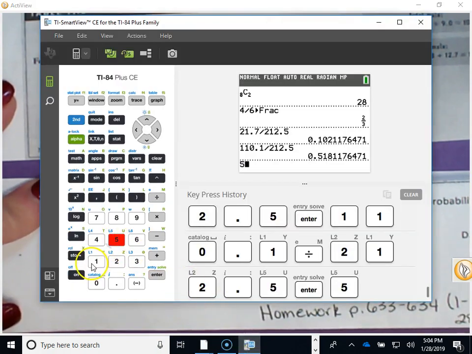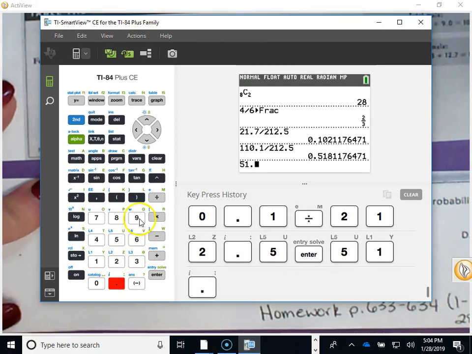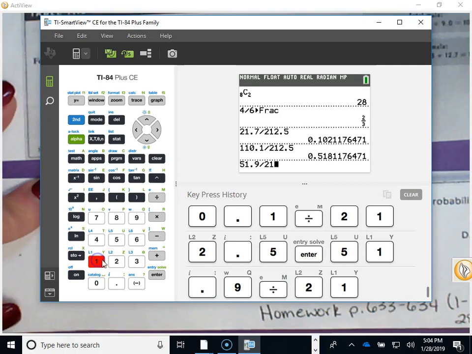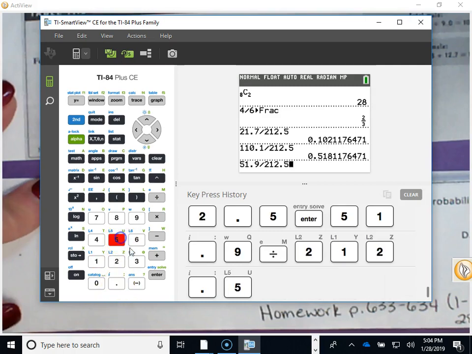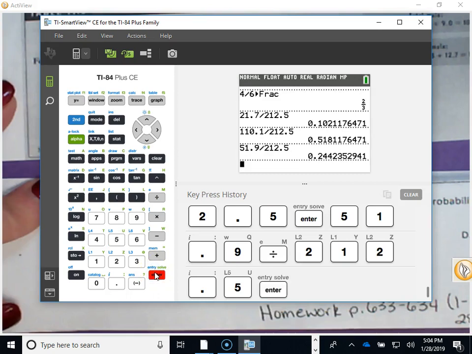So 51.9 divided by 212.5. I get 0.244. Tenths, hundredths. The next number over is a 4, so this one stays a 4.